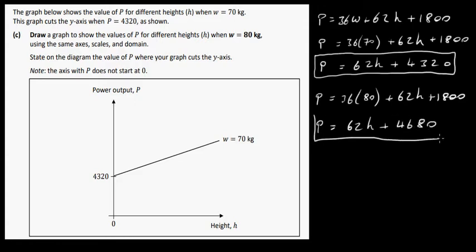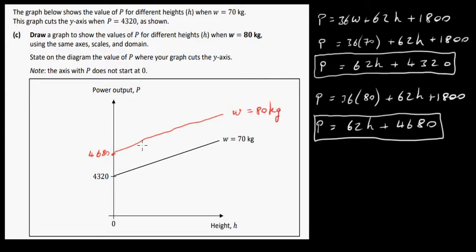So you get another linear function, and this time the y-intercept is 4680, so we can put that in here, 4680. You'll notice we've got a 62 as the coefficient of H. In other words, the slope is exactly the same for both of these. So your new function should look something like this, and this is W is equal to 80 kilograms.